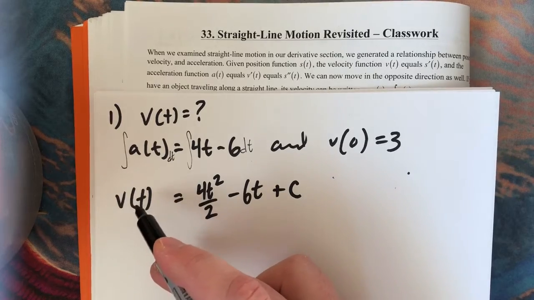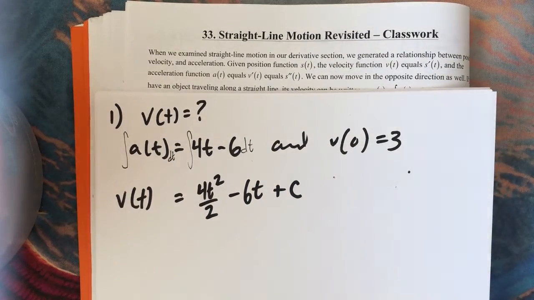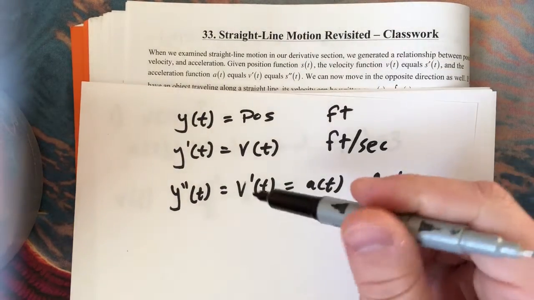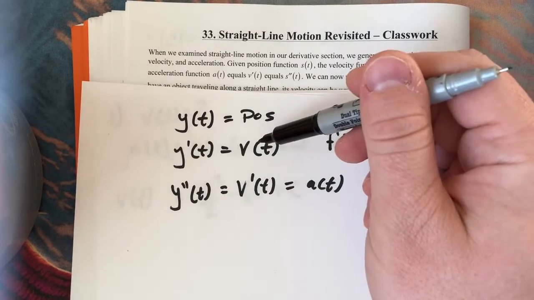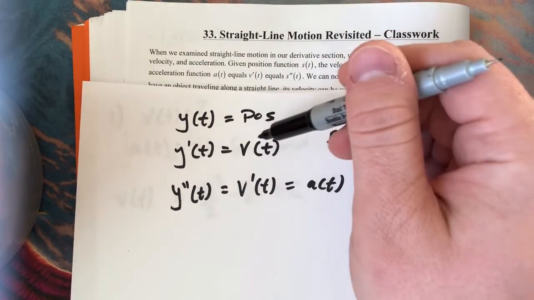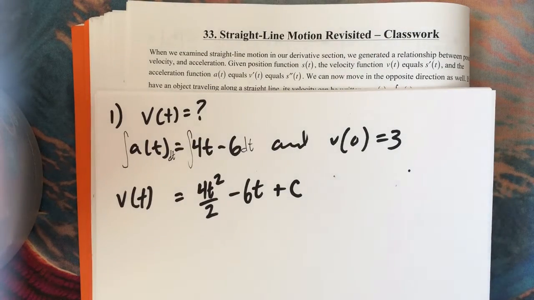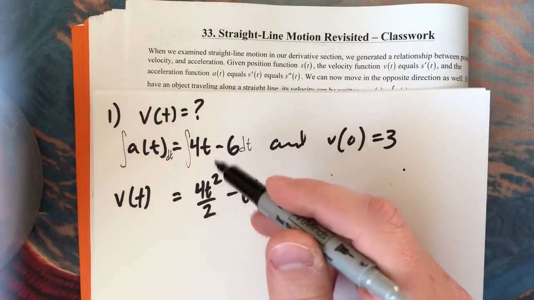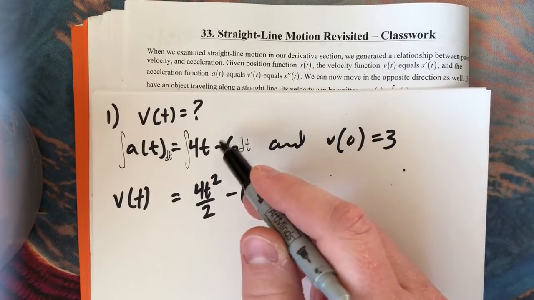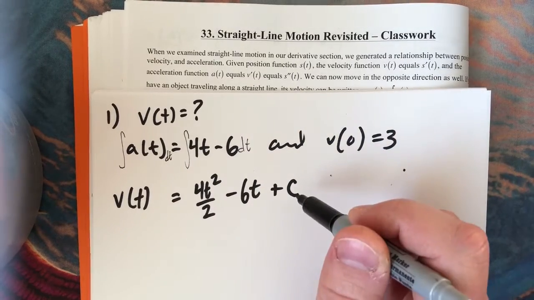The integral of velocity will get us position. And just remember that when we do an indefinite integral without bounds, we have that plus c on the end.